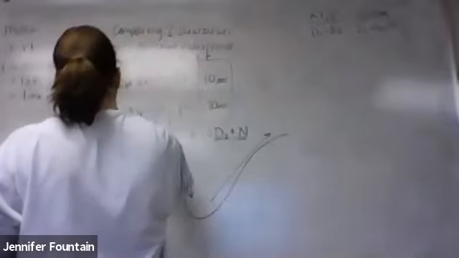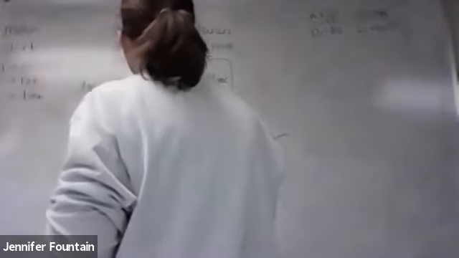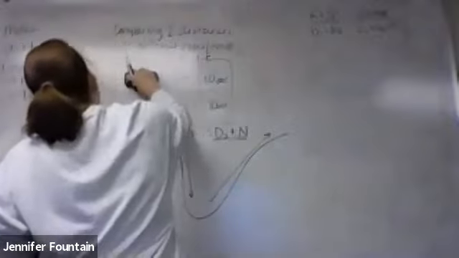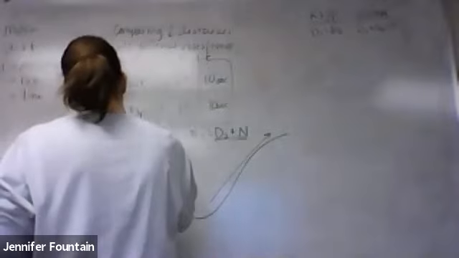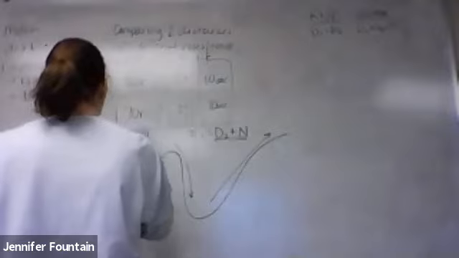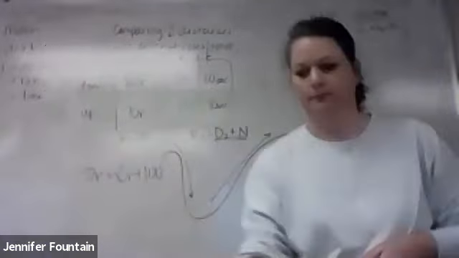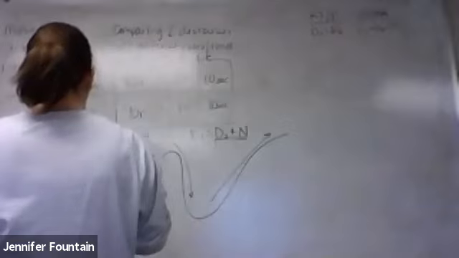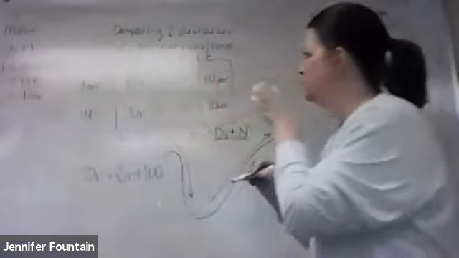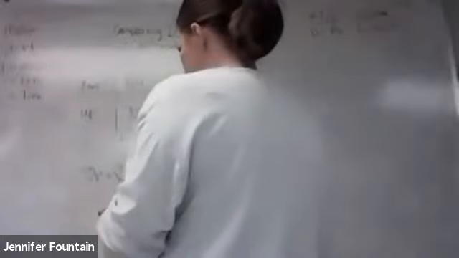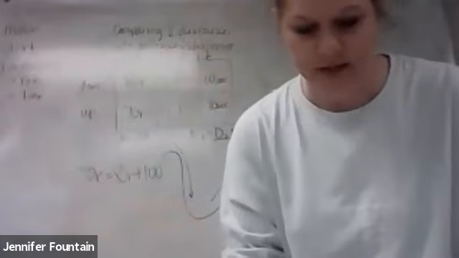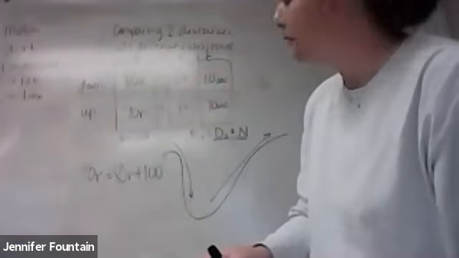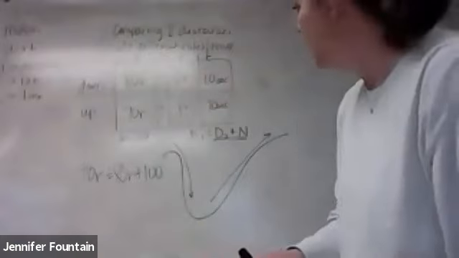So in this one N is 100. The distance down is 100 feet more than the distance up.